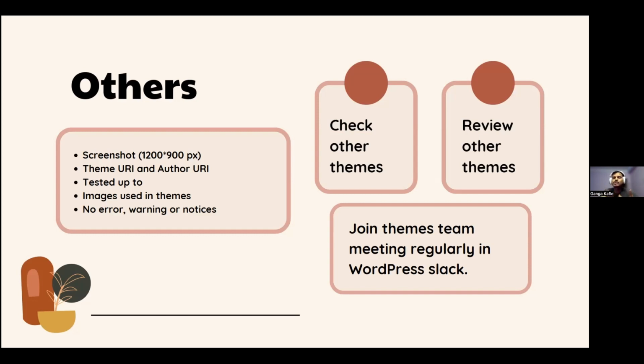And how to get familiar with all these guidelines? What are the easiest ways? I pointed three different ways. Check other themes. There are so many themes, like more than 11,000 themes in WordPress theme repository right now. You can go visit wordpress.org/themes, download one theme, and start checking it.